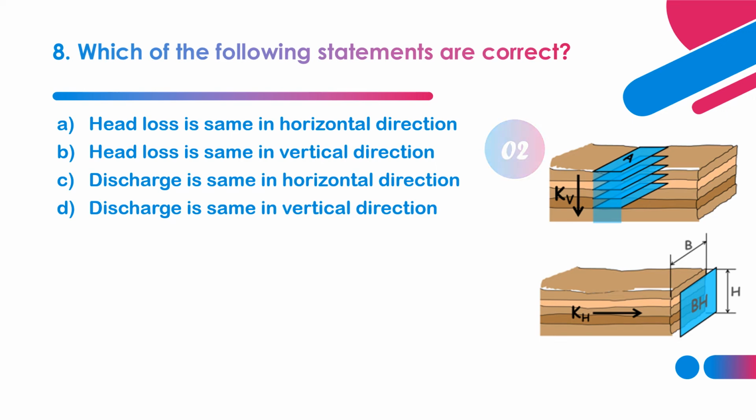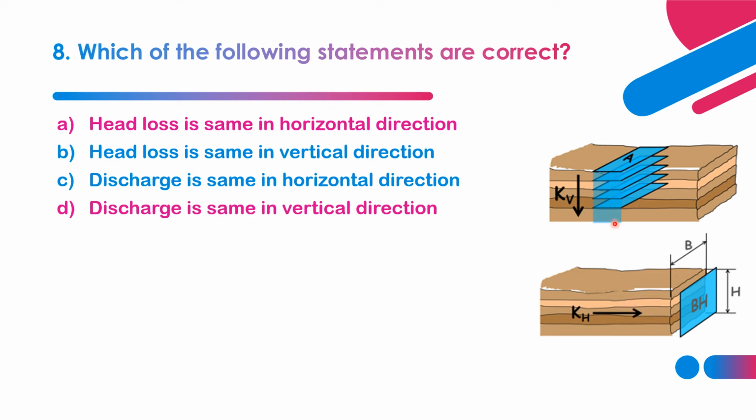You can closely observe these two diagrams, vertical flow and horizontal flow. By observing this diagram, you can say head loss is same in horizontal direction, because at every section, for every layer there will be different discharge, but the head loss is the same.